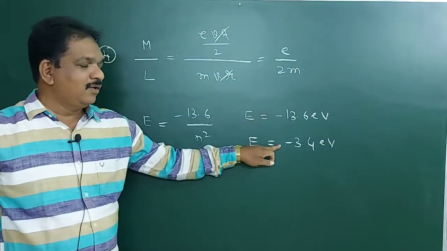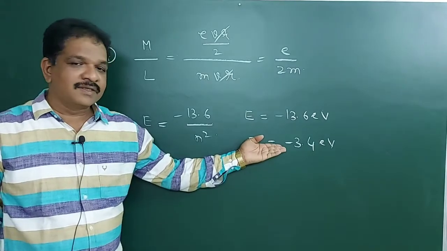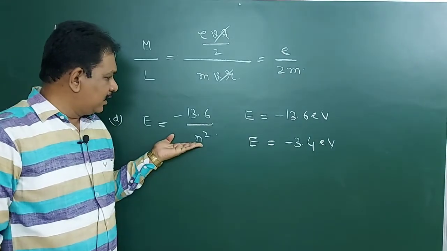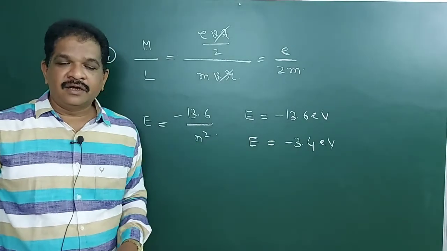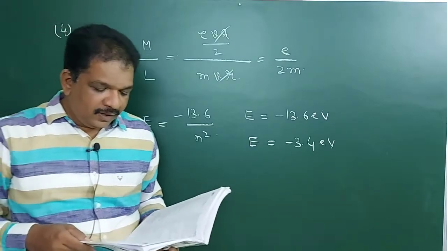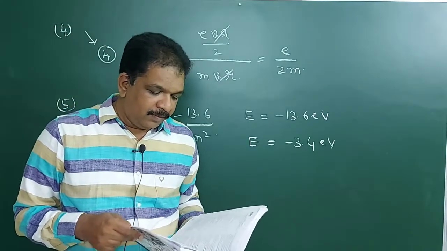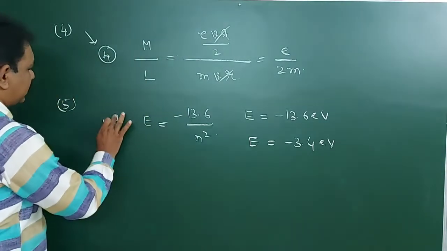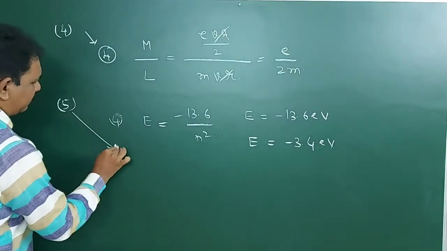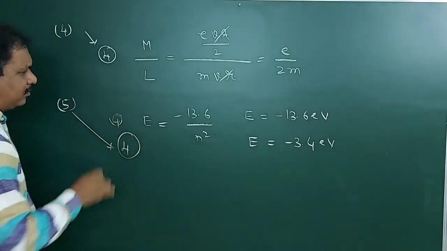Comparing to this value, this is more because minus is there. So as n increases, energy of the electron increases. That will be correct. So fifth question, fourth option will be the answer for it.